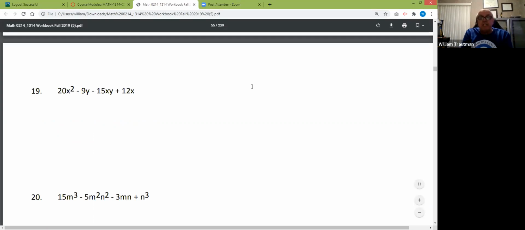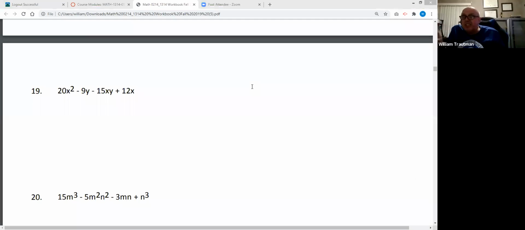Okay, so let's do this one now, because this is really important. There might be one of these on the homework. I don't know if there's one like this on the test. But factoring four terms, step one, put a parentheses around the first two terms, put a parentheses around the second two terms, make sure there's a plus sign between them. I guess I skipped it.